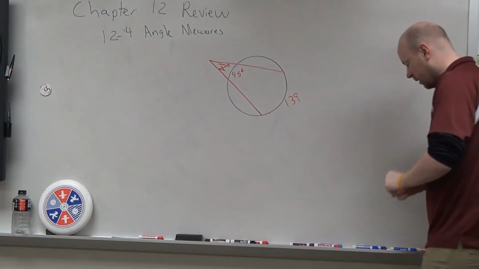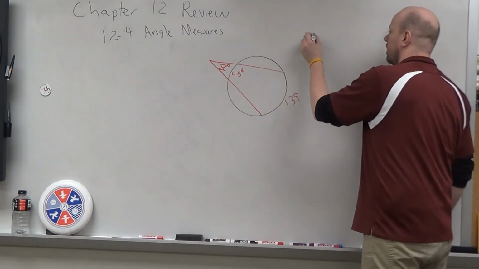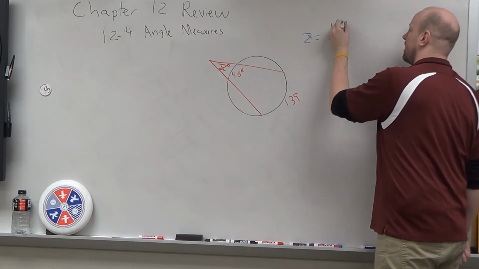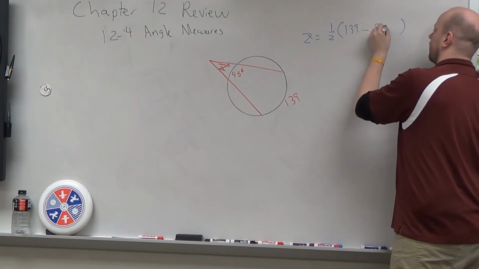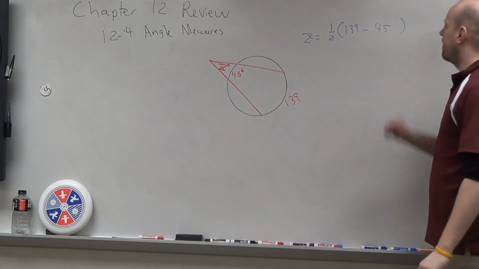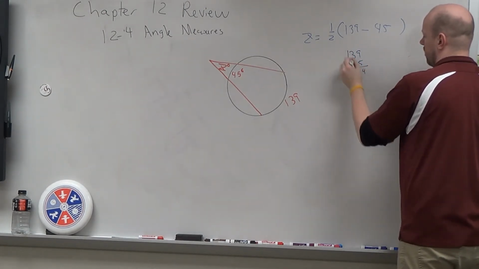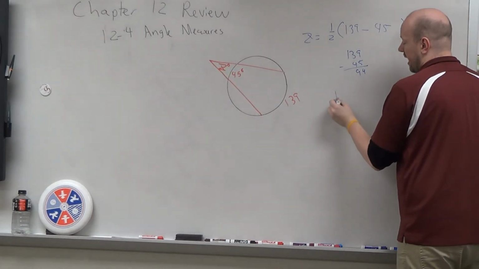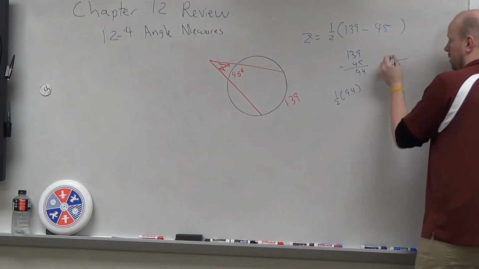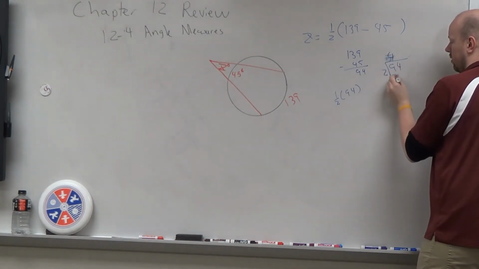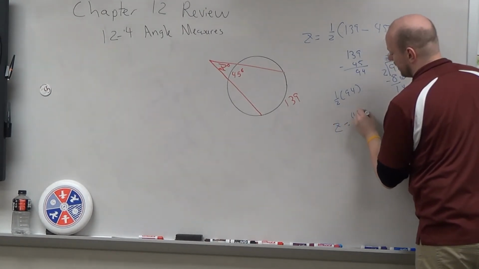So again, my intersection of the lines occurs on the outside, so z is going to be half the difference, where I get 139 minus 45. 139 minus 45 is 94, so then I get 1/2 of 94, 47. So z equals 47 degrees.